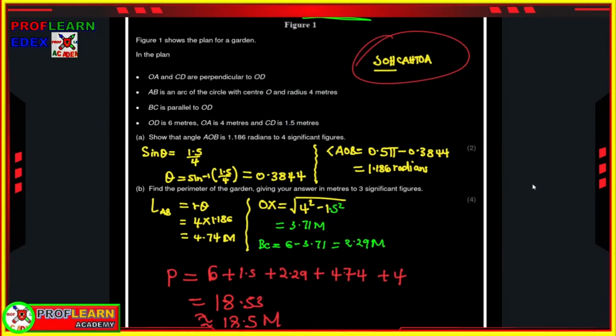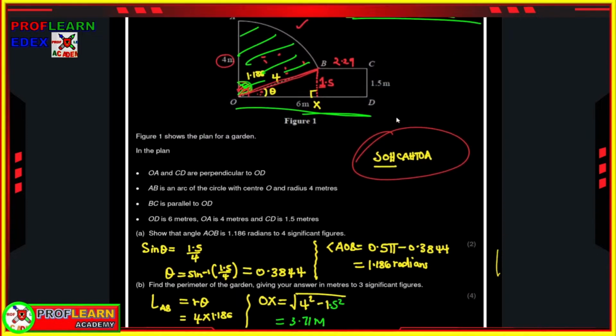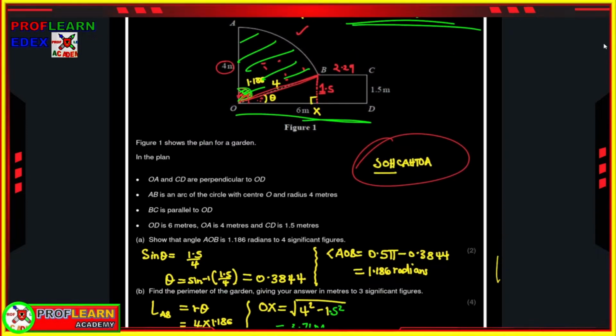Once you have that answer, 90 degrees is 0.5 pi, because the whole of angle AOD is 90.